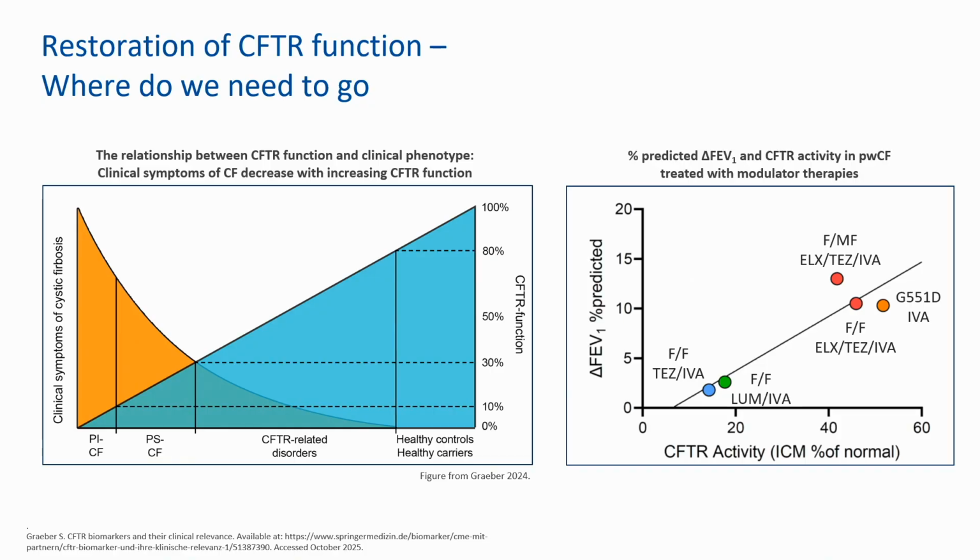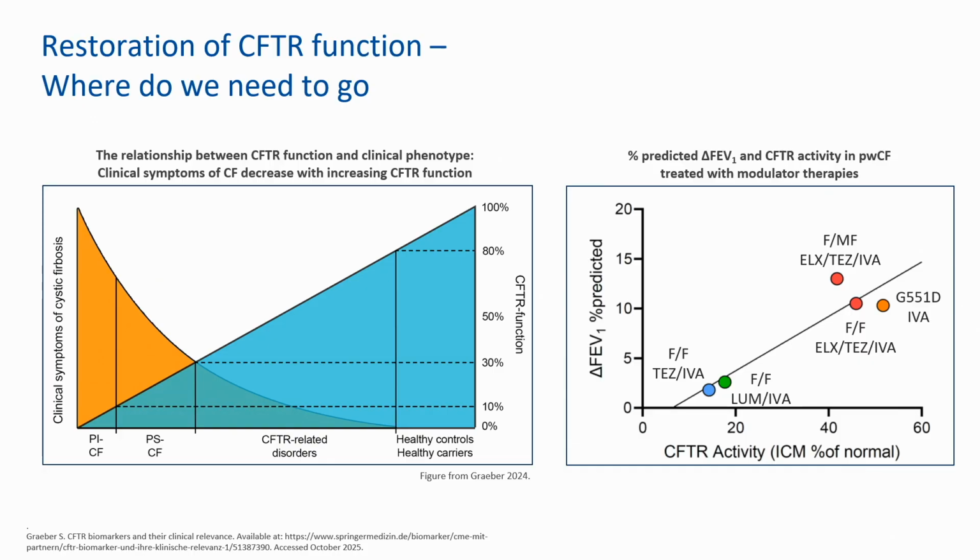So as a summary, I think we have this really big range of CFTR-related disorders that we see in the natural history. So I think with correcting CFTR, probably 80 to 100% should be the goal. But as I showed you, I don't have any real hard data to support this. And here again, similar to EDIT's data, we do see a correlation of CFTR function in the intestine and the FEV1.